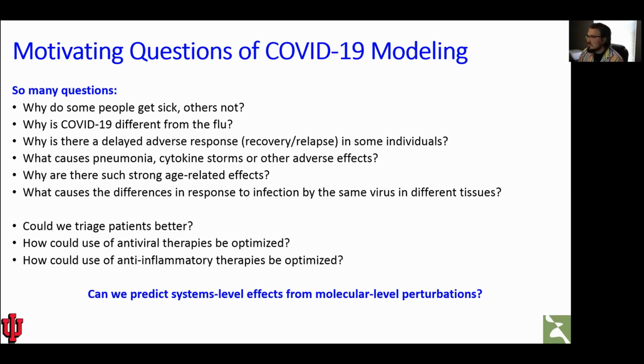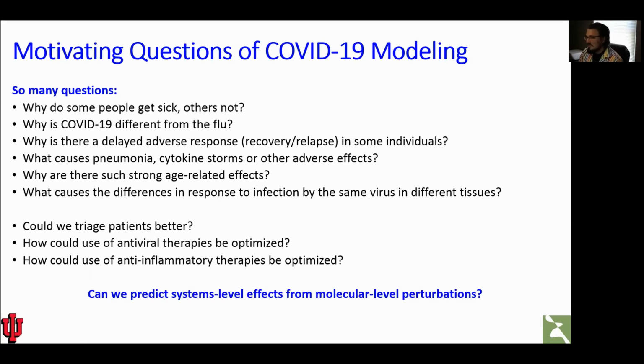We'd like to understand why this virus behaves differently with respect to other viruses that we understand much better, again, like influenza. We don't really understand a lot of the mechanisms for why there seems to be such a delayed adverse response in individuals and what causes complications like pneumonia, cytokine storm.